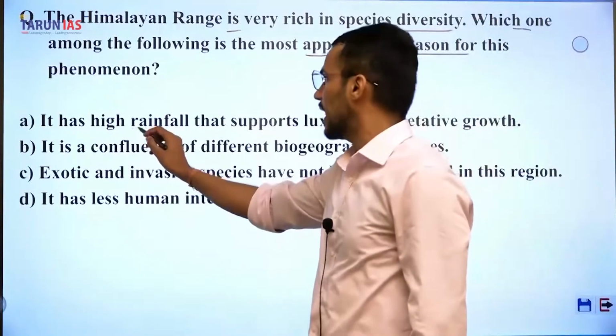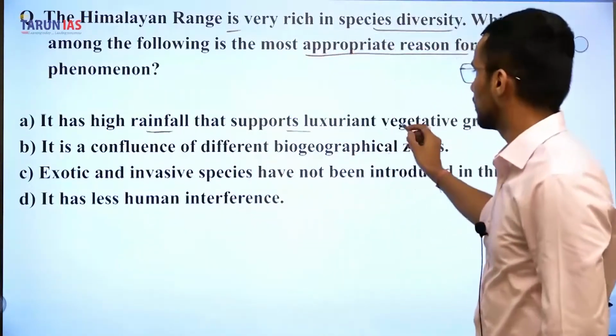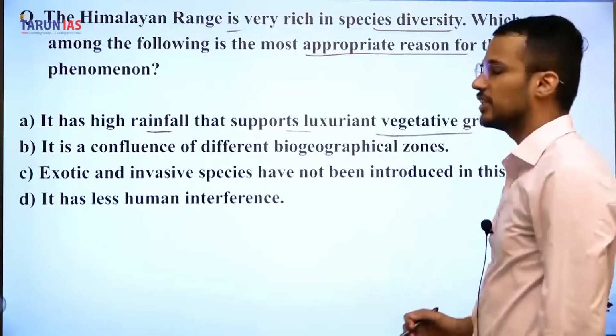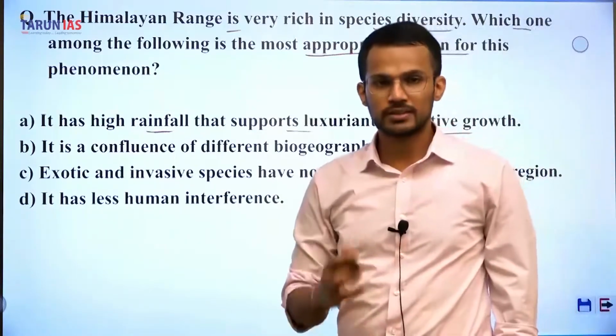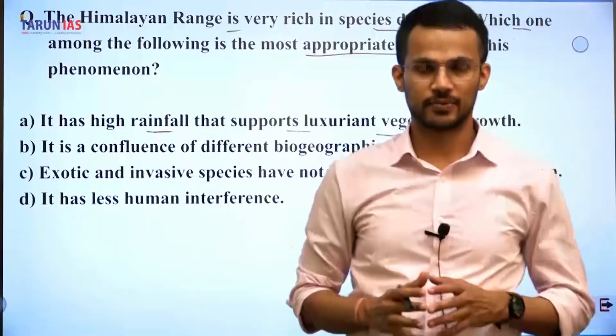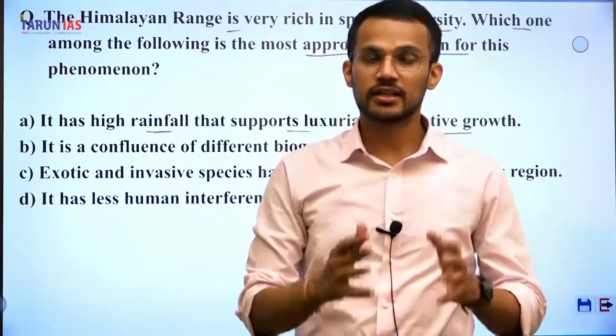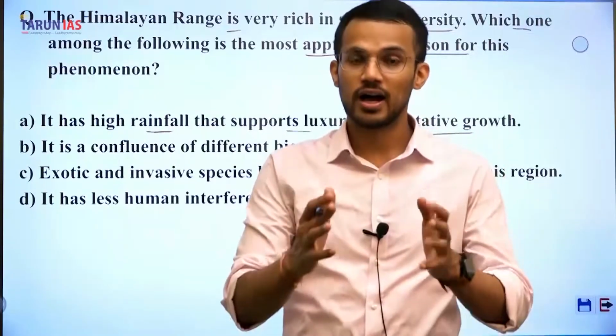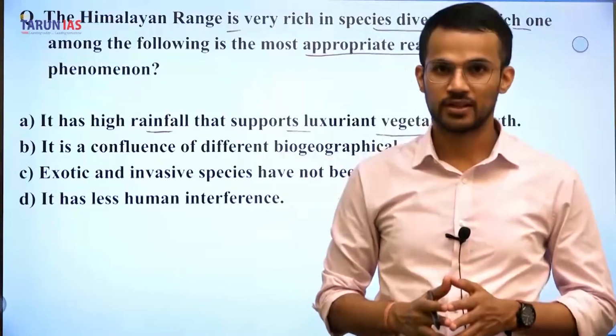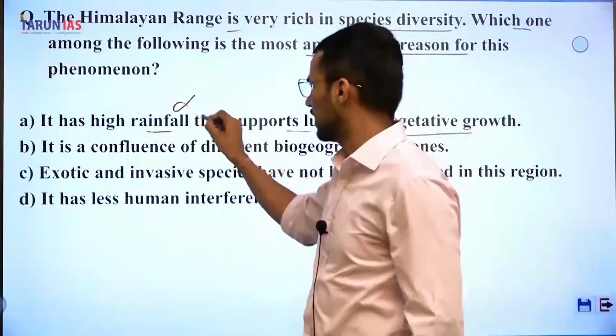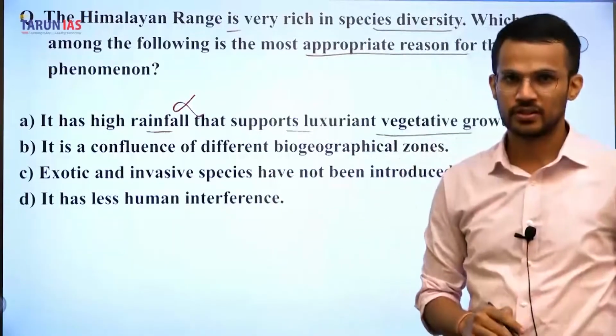A. It has high rainfall that supports luxuriant vegetative growth. But this statement is incorrect because we know that in Himalayan region there is no rainfall after a specific point. And that's why first statement is incorrect.